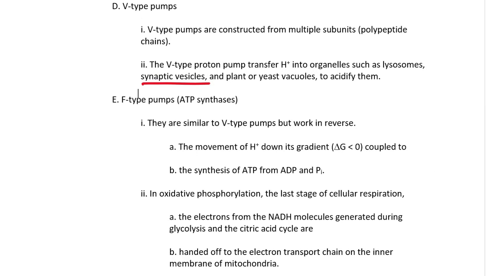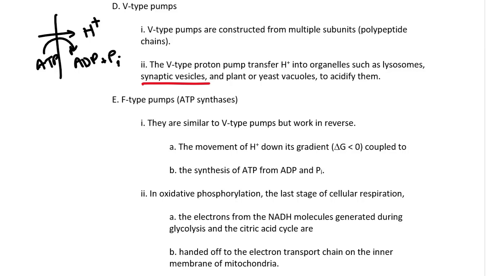Now, what would that mean? So, with the V-type pumps, here's my membrane, and you're pushing H+ in while using an ATP, making ADP. And of course, eventually the inorganic phosphates will be freed. Now, an F-type pump works in reverse.